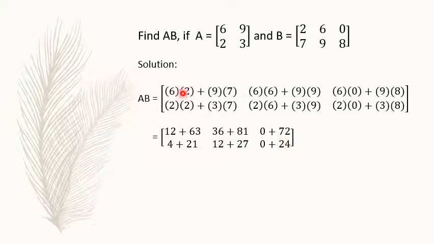So the answer is 6 into 2 is 12, 9 into 7 is 63, 6 into 6 is 36, like that. So, the final answer is this. This is a 2 by 3 matrix. Why? Because A is a 2 by 2 matrix, B is a 2 by 3 matrix, so AB has order 2 by 3.